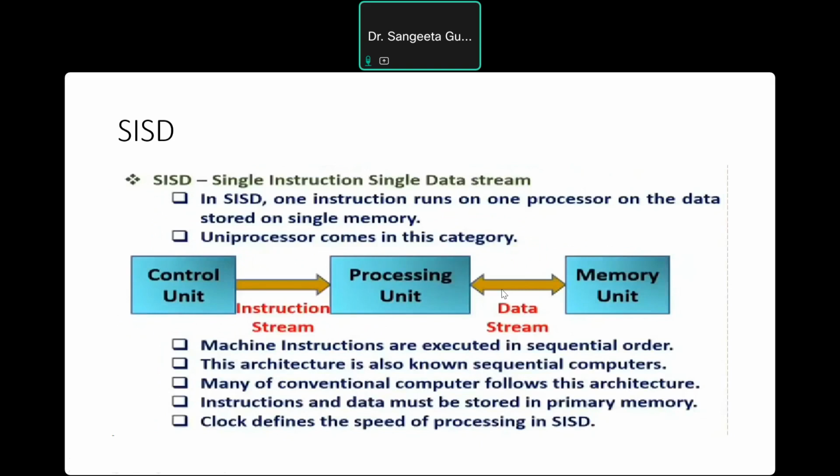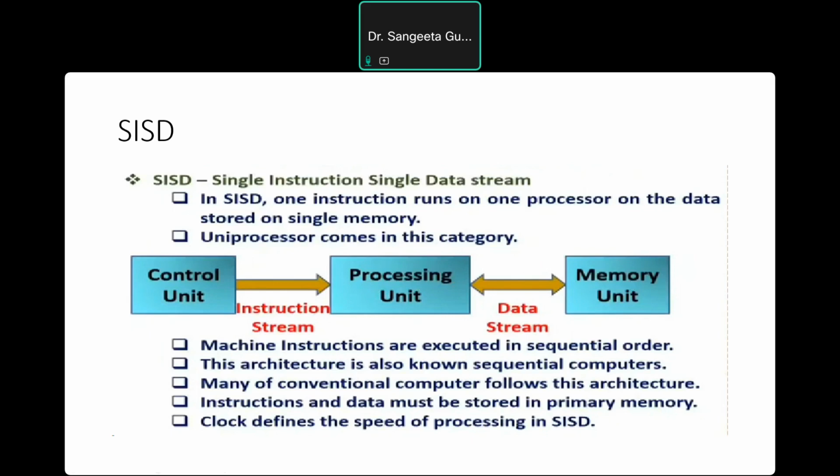In single instruction, single data stream, there is one single instruction that runs on one single processor on the data that is stored in a single memory. So we have a single instruction being executed in a processing unit, fetching a single piece of data from the memory. Generally, uniprocessor systems fall under this category. All the instructions are executed sequentially, one after the other.